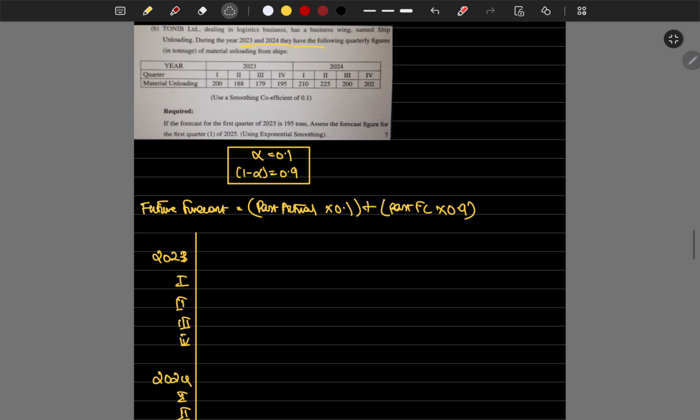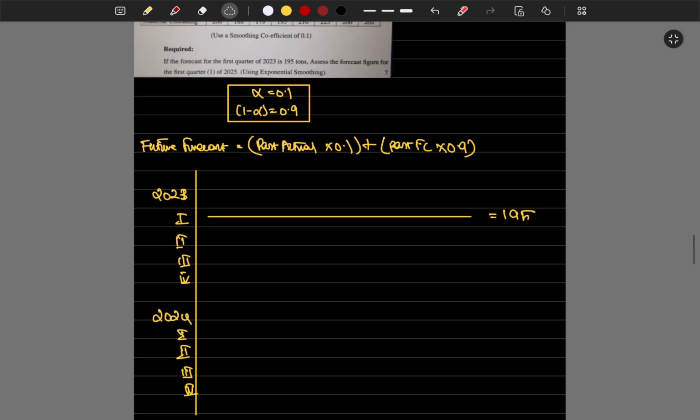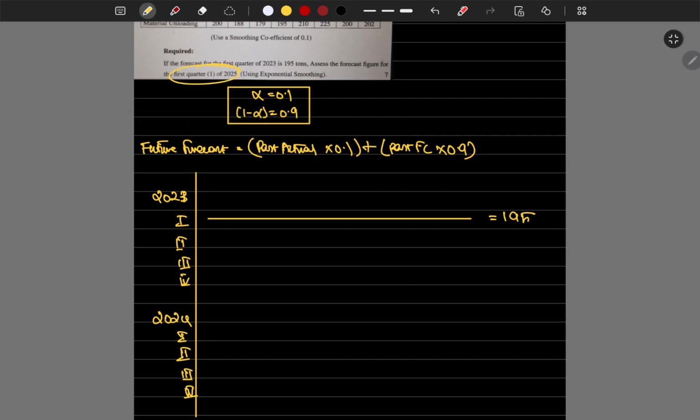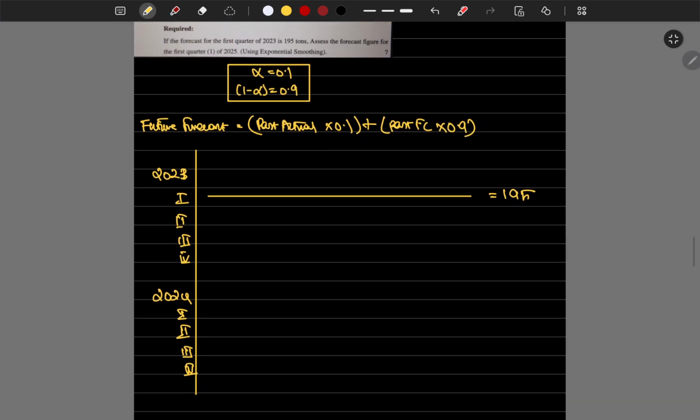Okay, for the first quarter they have given. Now as we already said, we have to do it for the periods, and we have to find the first quarter detail of 2025 using exponential smoothing.